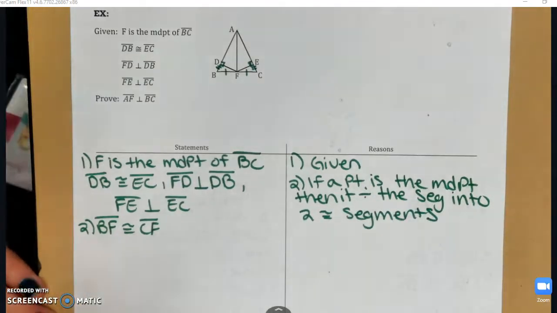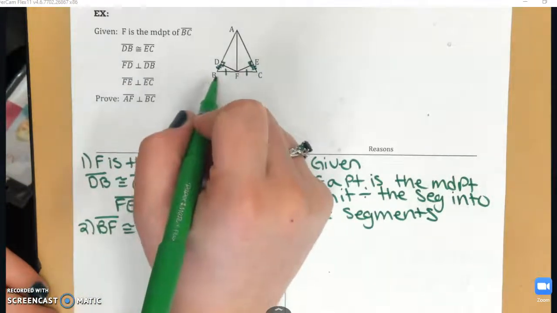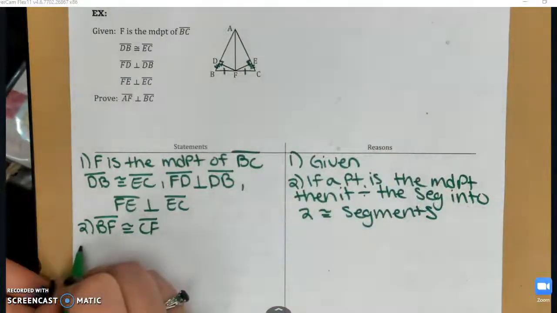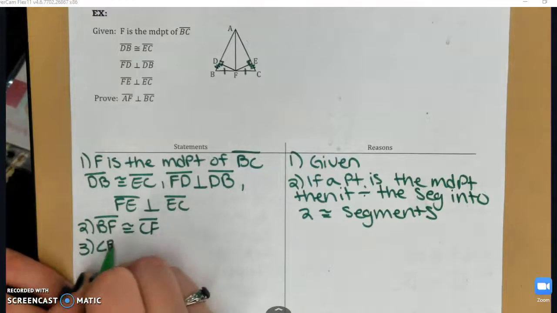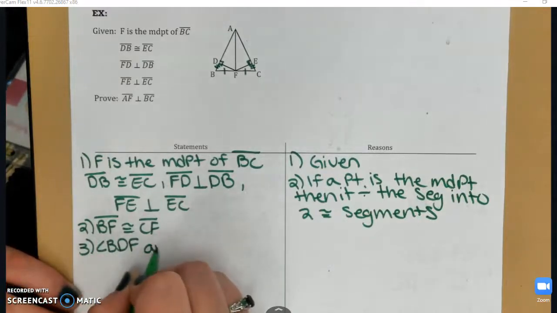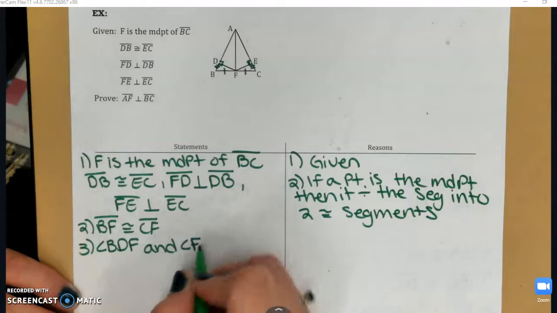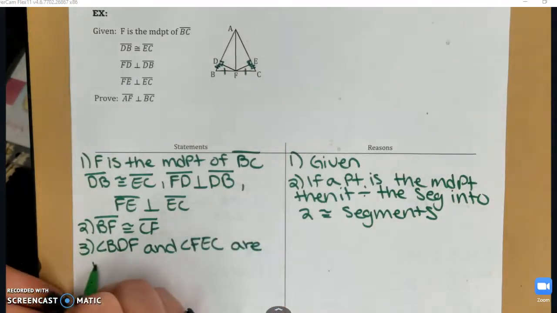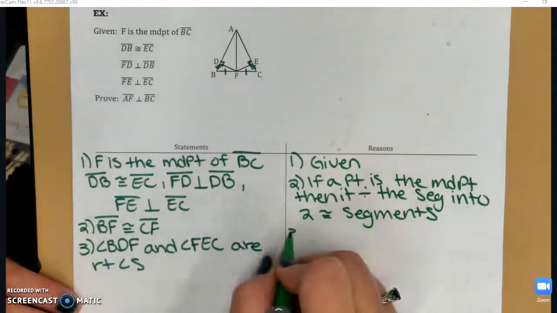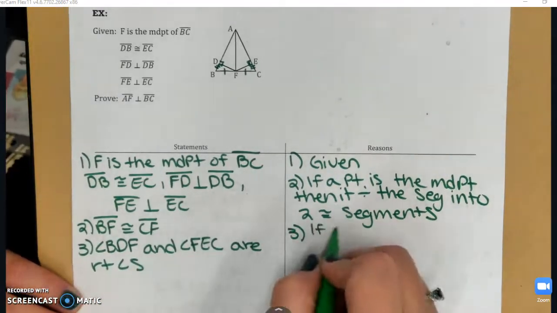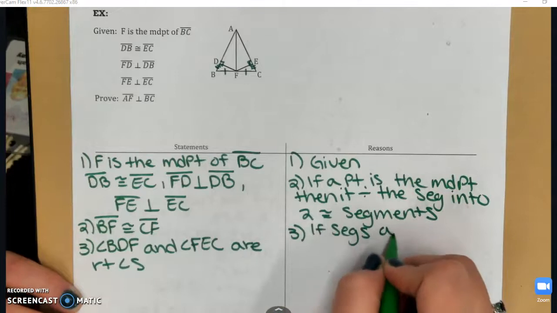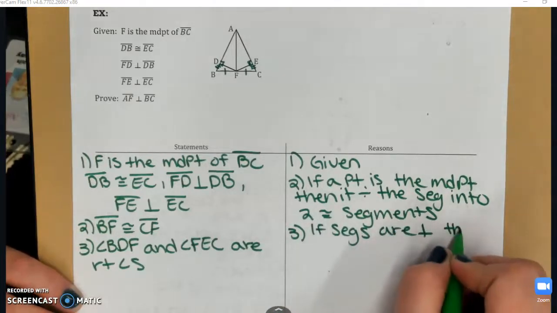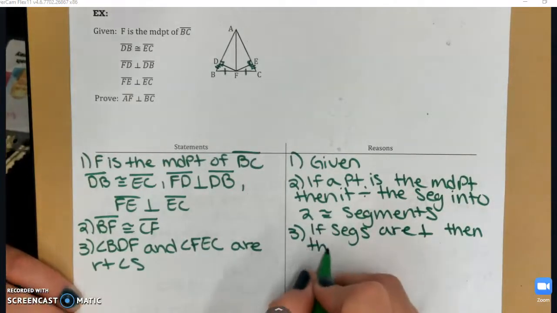Okay, what else did I conclude? I concluded that I had a right angle, so FDB and ECF are both right angles. And that would be because of my perpendicular segments. If segments are perpendicular, then they form right angles.